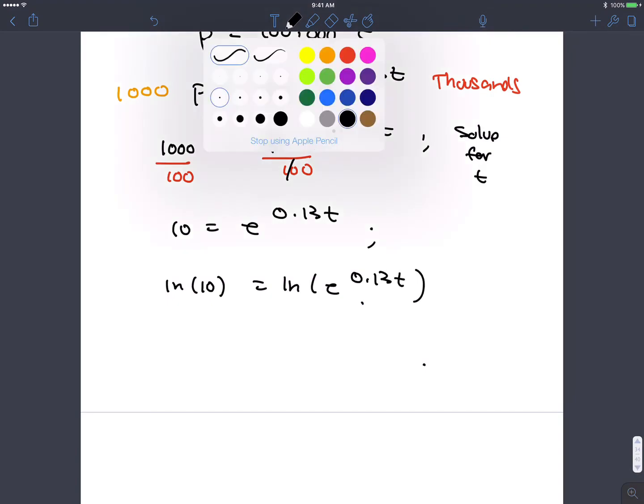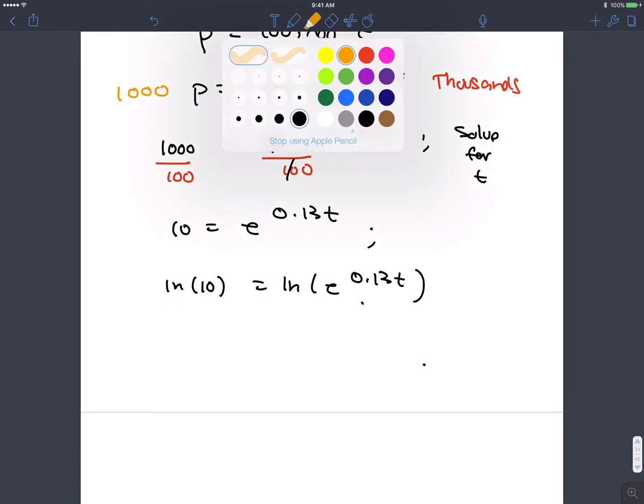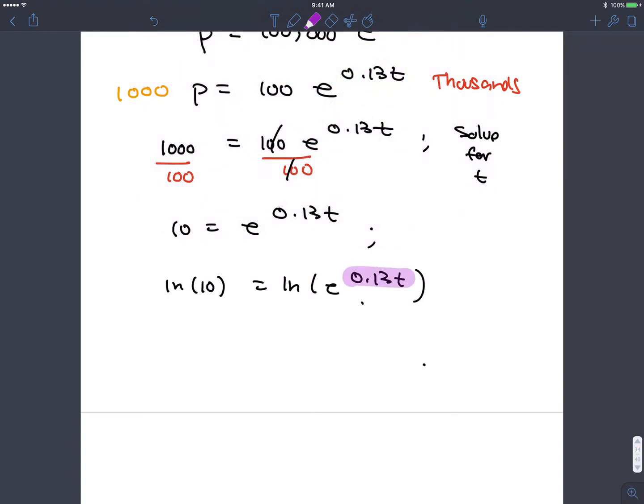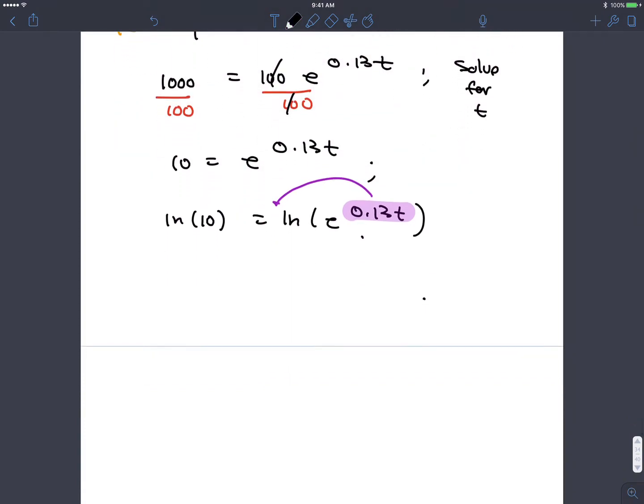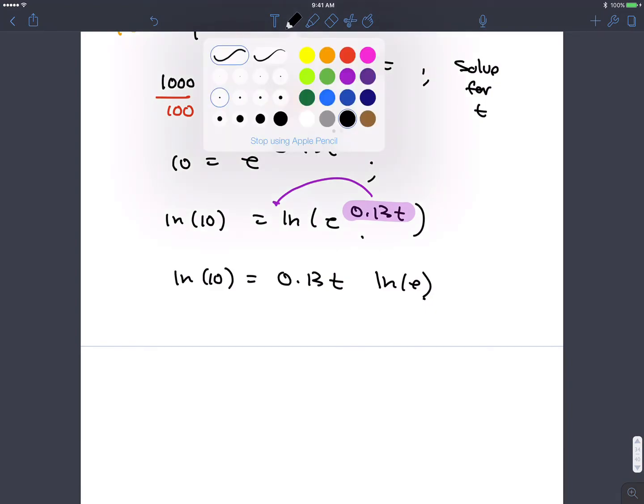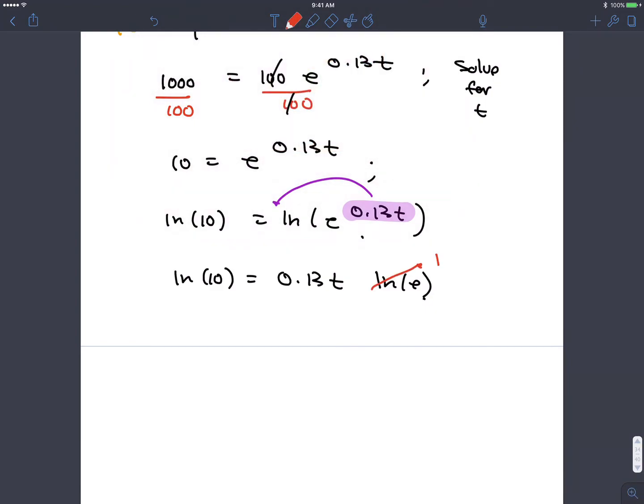I can now pull out 0.13t. Natural log of e is 1.